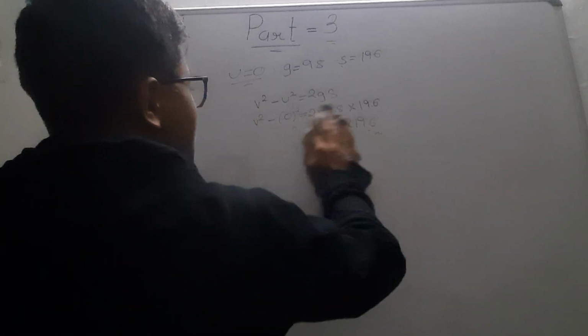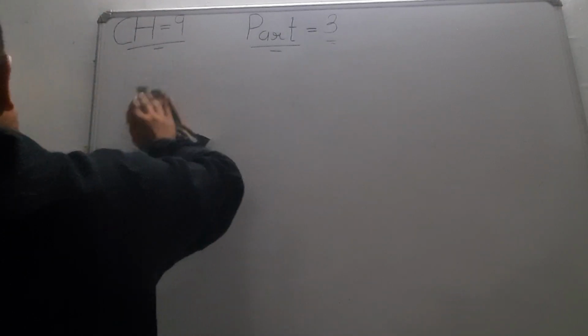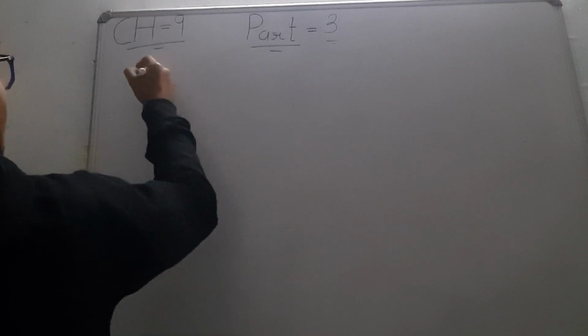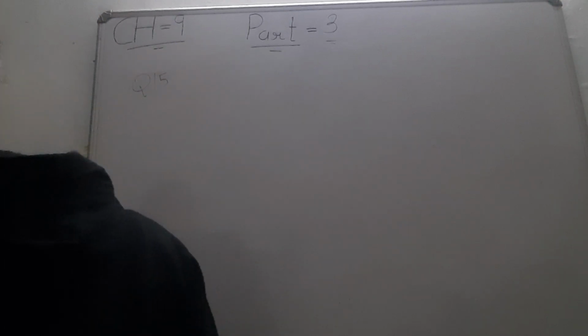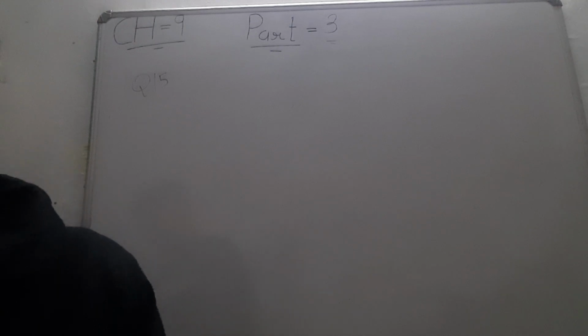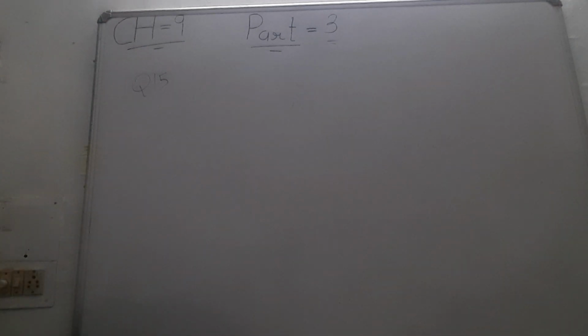Here it was very easy, but you have to pay attention and read the question very carefully. Okay, question number 15. In question number 15, wait for 2 minutes, where is my pen? My blue color pen is over.